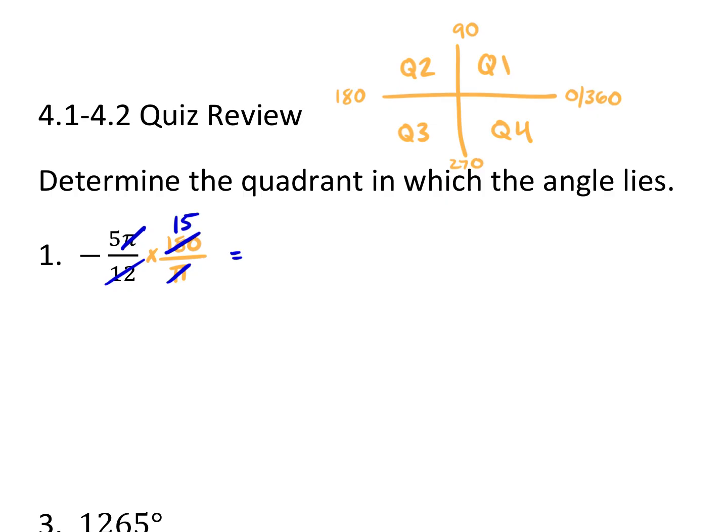So we have negative 5 times 15, which would be negative 75. So which quadrant would negative 75 degrees fall into? Quadrant 4, awesome. Negative, we start by going down, so it'd be in quadrant 4.